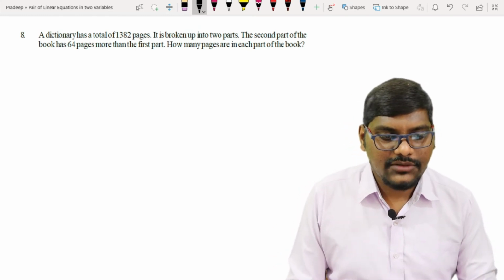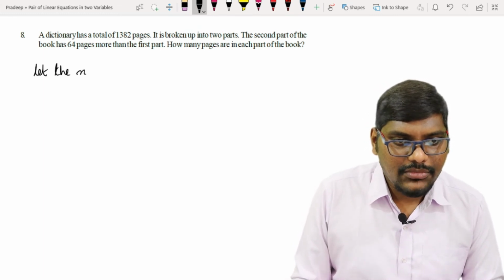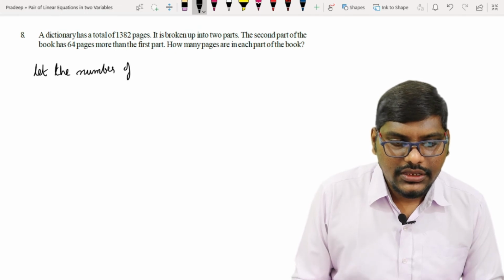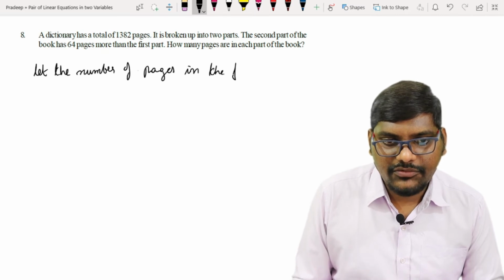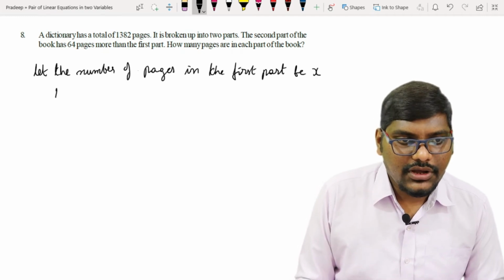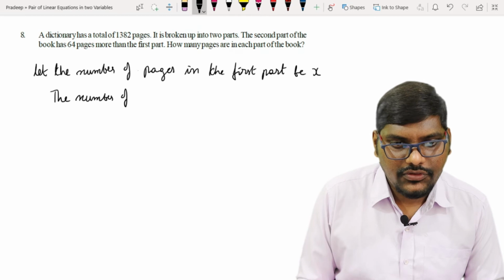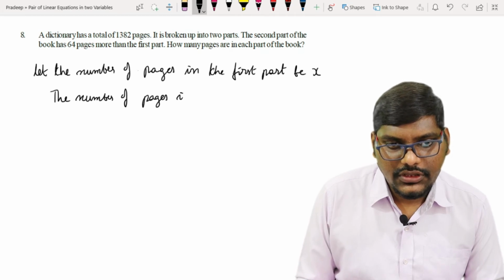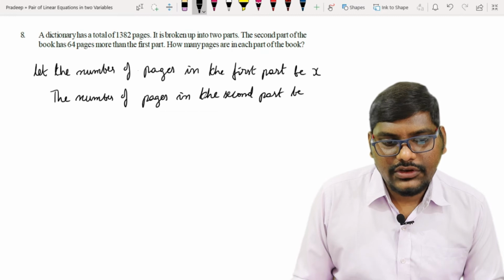So we'll write the same here, that is, let the number of pages in the first part we'll take as x, and the number of pages in the second part, how many were there? That we will take as y.